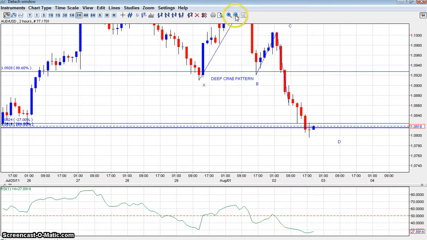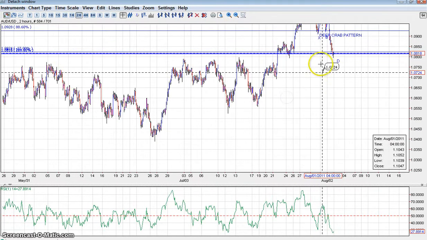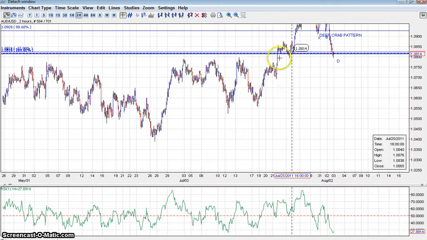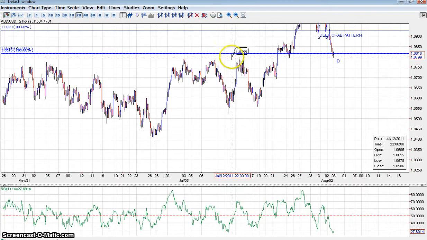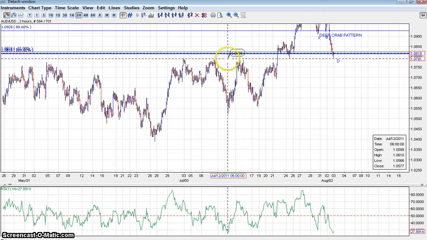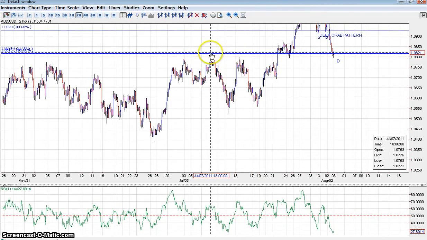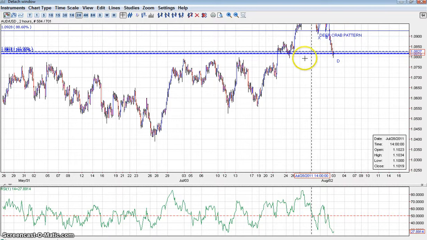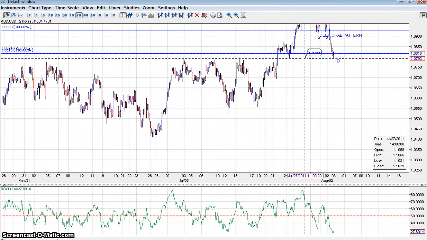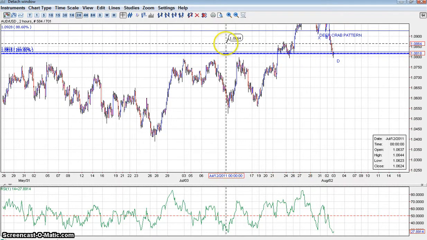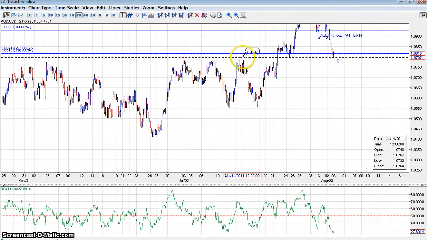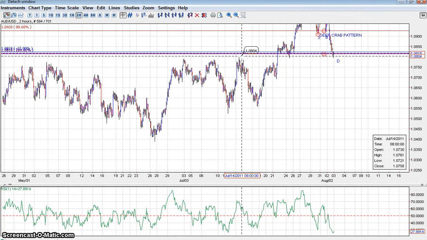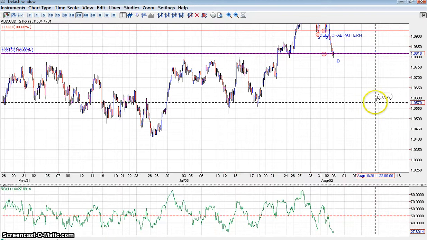On top of that, you can see the support zone is right near the breakout level of price in the middle of last month. So this support zone identified by this pattern is just above the resistance turned support, this price level here, the top of this congestion zone.